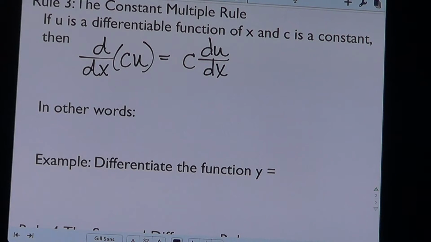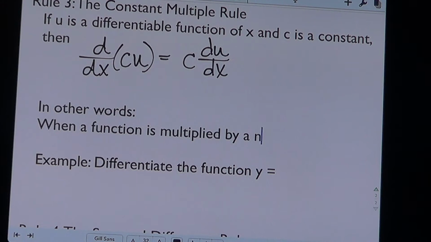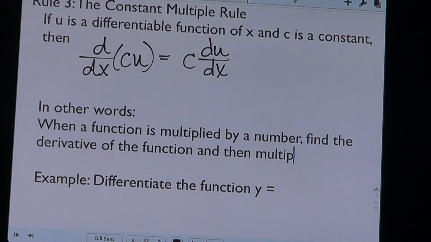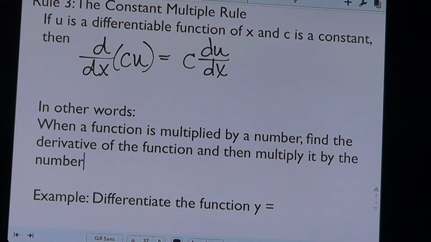In other words, when a function is multiplied by a number, find the derivative of the function and then multiply it by the number. Does that make sense?